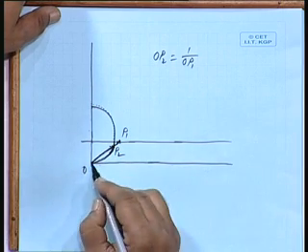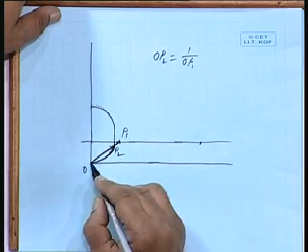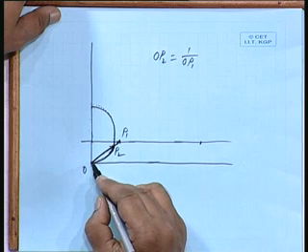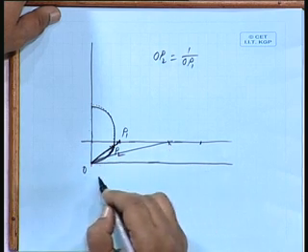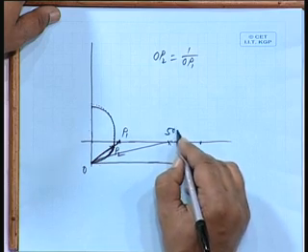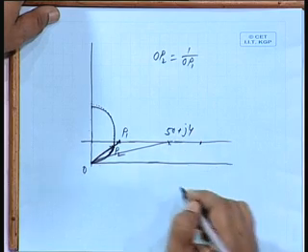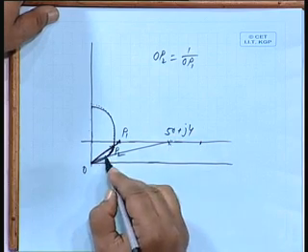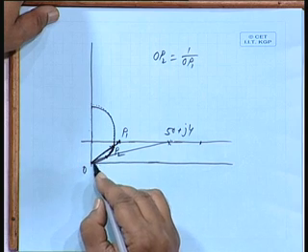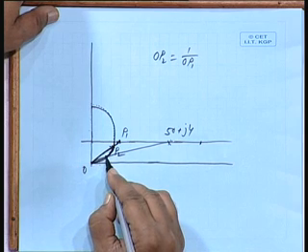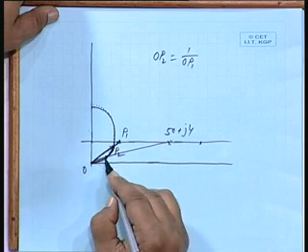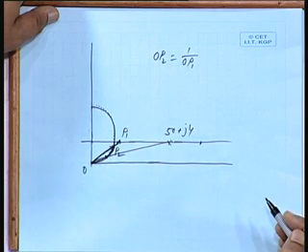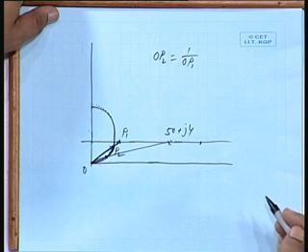Similarly, 50 plus j4 was here, say here. So, its inverse would have been here, all right, wherever this circle is met by this straight line.